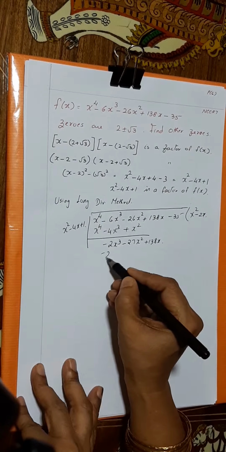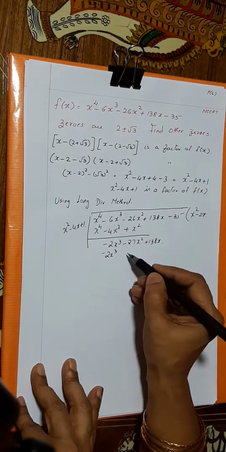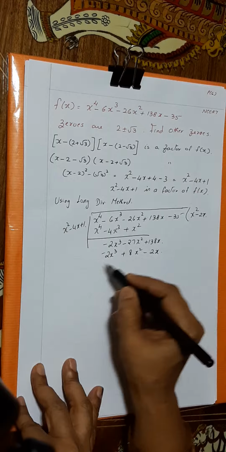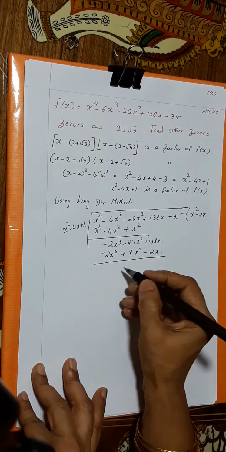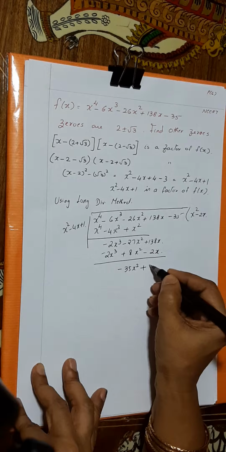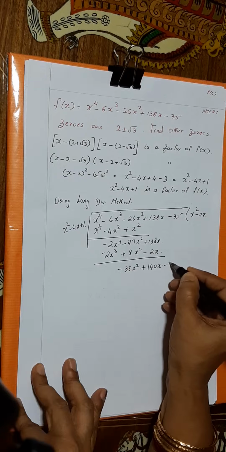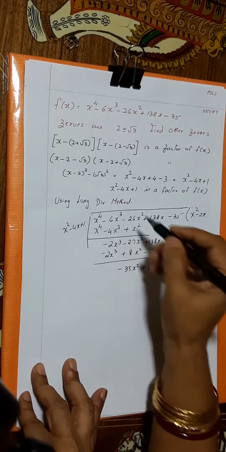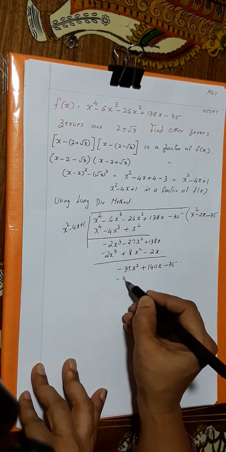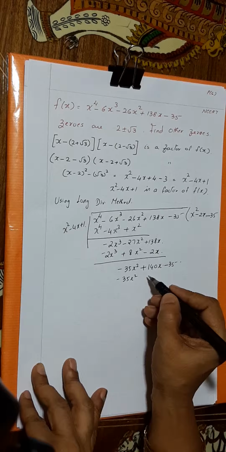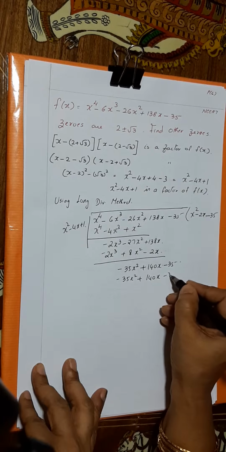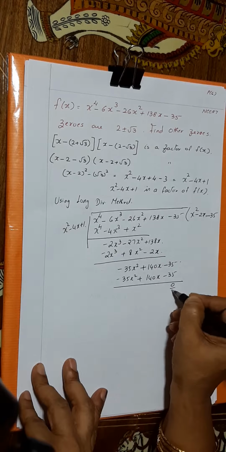So minus 2x cube plus 8x squared minus 2x. So you will get minus 35x squared plus 140x minus 35. So you will multiply with minus 35. So minus 35x squared, minus and minus plus 140x minus 35. So you have got the remainder as 0.